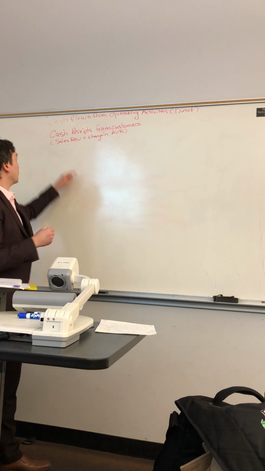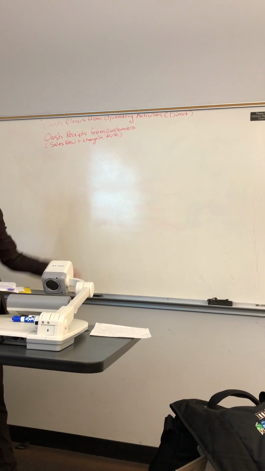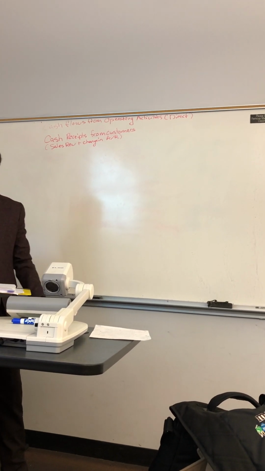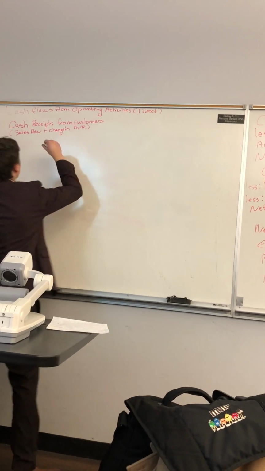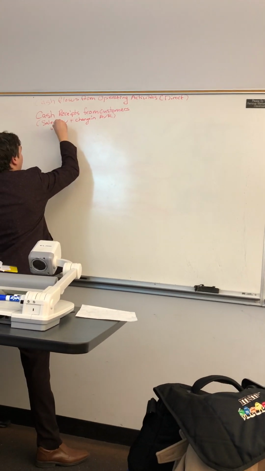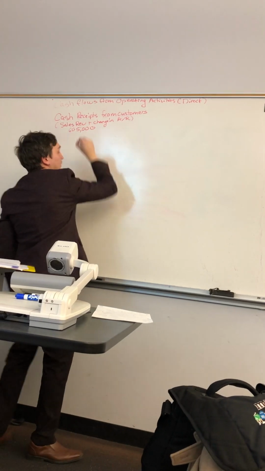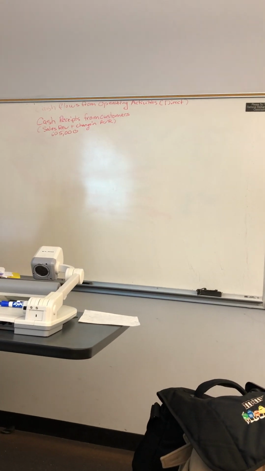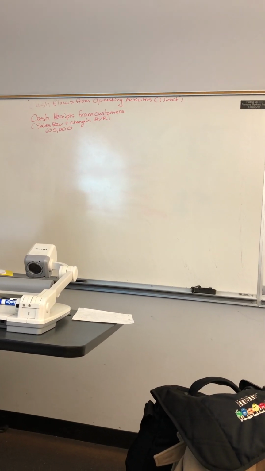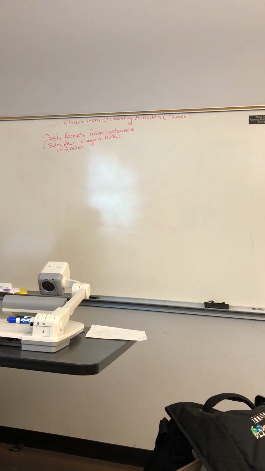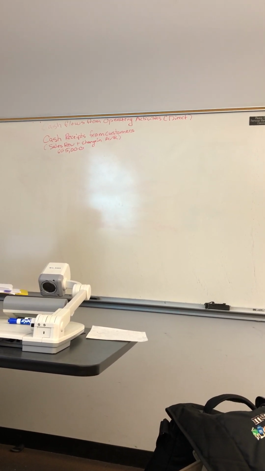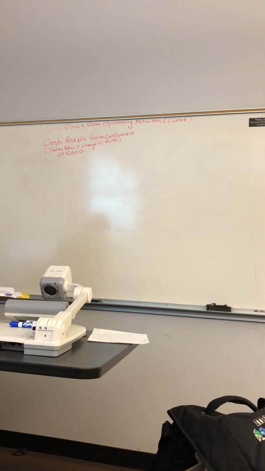But so we'll start with cash receipts from customers. So we'll start with revenue. We've got 605,000 of revenue. And then we have to look to our accounts receivable as well. Our accounts receivable decreased from 135 to 120.